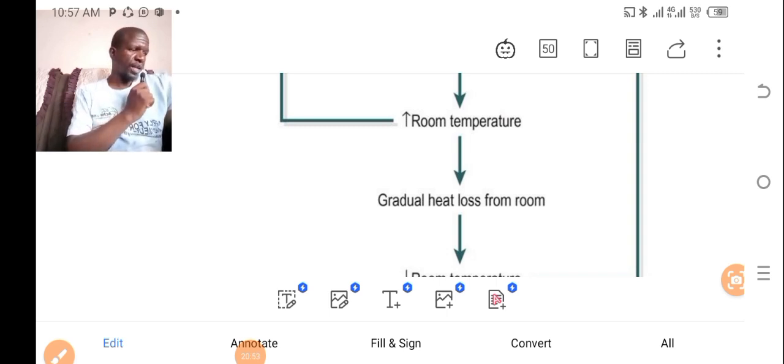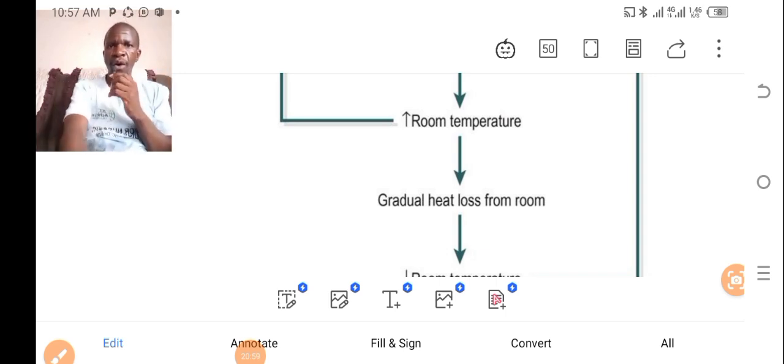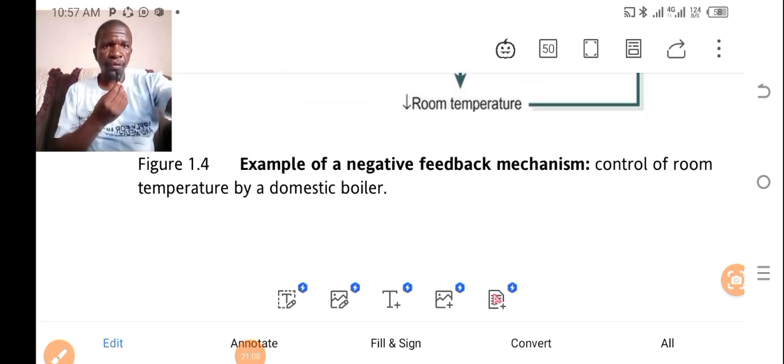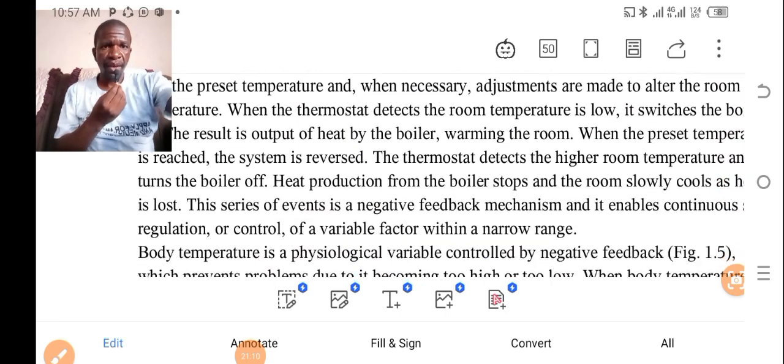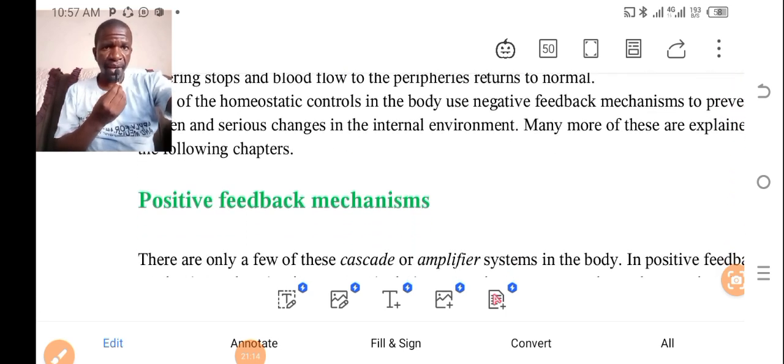Those are all mechanisms of increasing temperature. This is also going to activate behavioral mechanisms whereby you start looking for jerseys and other things that can make sure that you are warm. So this was the negative feedback mechanism.